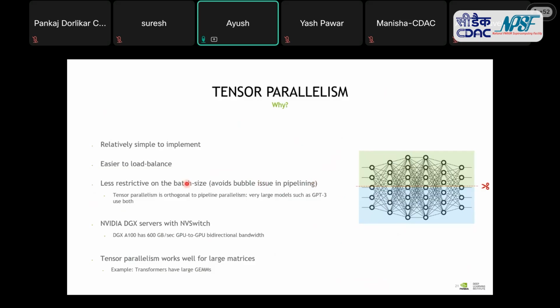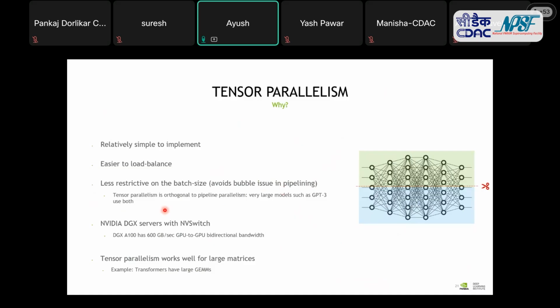Secondly, the attention and MLP layers have regular communication requirements. There is typically one all-reduce per layer in the forward and backward pass, and this enables tensor parallelism, because for each parameter you are going to do a backward and forward pass very quickly.